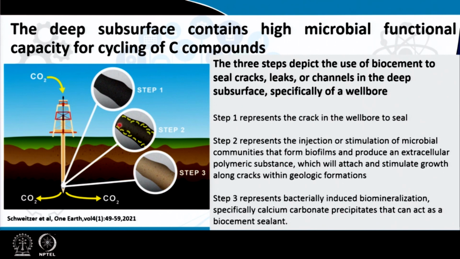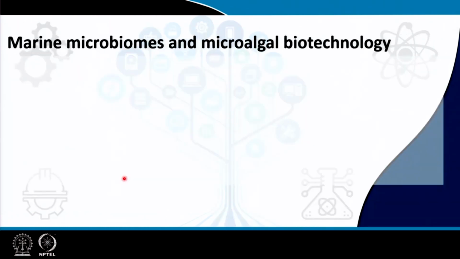That is step 2, and in step 3 the bacterial biomineralization process can be induced, specifically the calcium carbonate precipitation that can act as a biocement sealant to seal the leakage, thereby allowing long term sequestration and inhibiting the leakage of carbon dioxide from the underground sequestering strata.